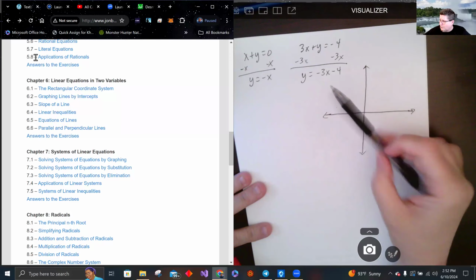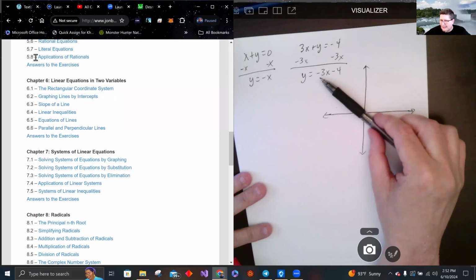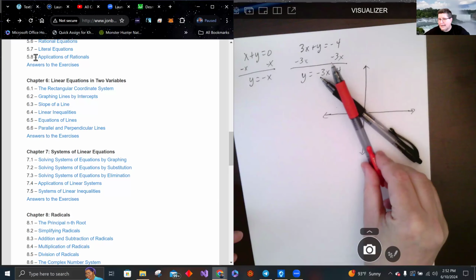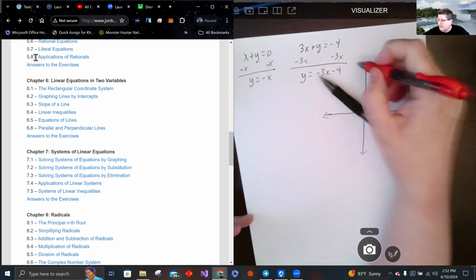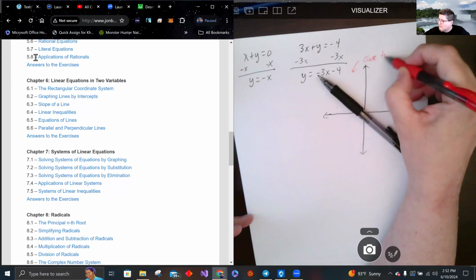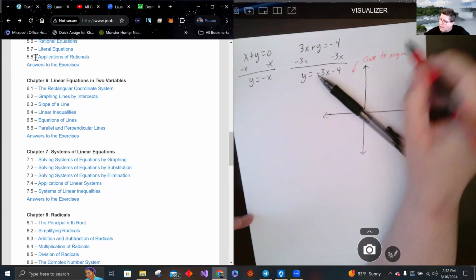They're both downward. That one looks kind of like that, and that one looks kind of like that. So I'm guessing we're going to be in this second quadrant, close to the origin. But we'll find out.